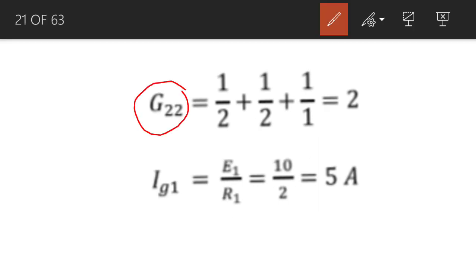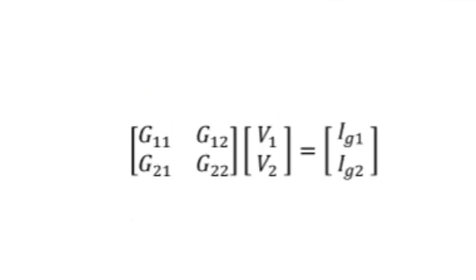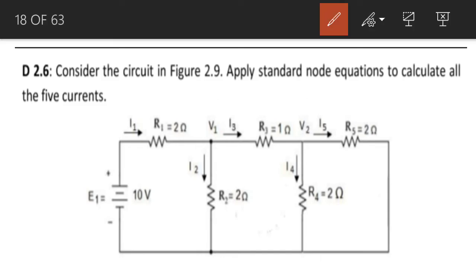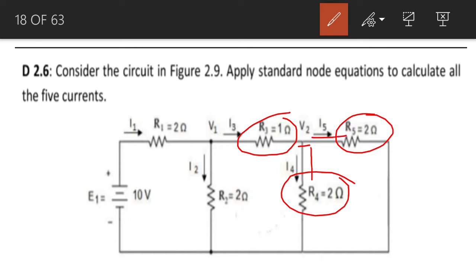For G22, we are going to consider the resistors which have been connected to the second node, and if we look at the resistors which have been connected to the second node, three resistors have been connected to the second node. The resistor R3 has been connected to the second node. The resistor R4 has been connected to the second node as well, and the resistor R5 has been connected to the second node as well.